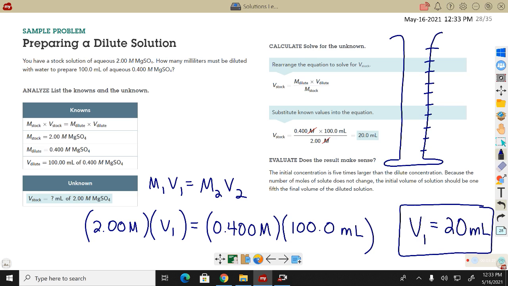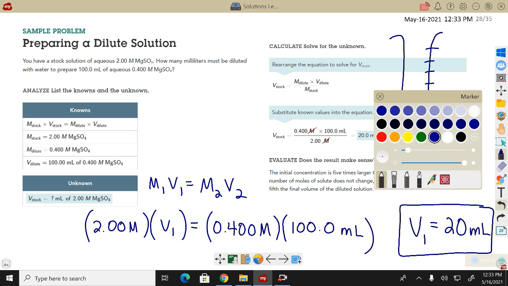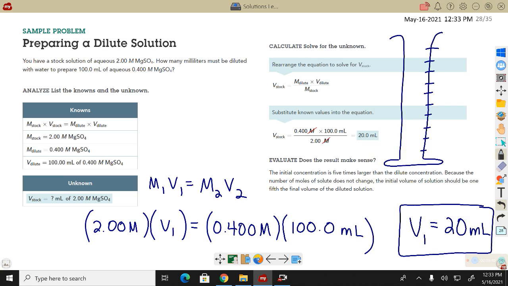I would start with 20 milliliters of the original stock solution. I don't know what color it would be. We'll just kind of make it gray. Magnesium sulfate is actually kind of colorless. So maybe this is like 20 milliliters of the original magnesium sulfate. So that's maybe to the 20 milliliter mark.